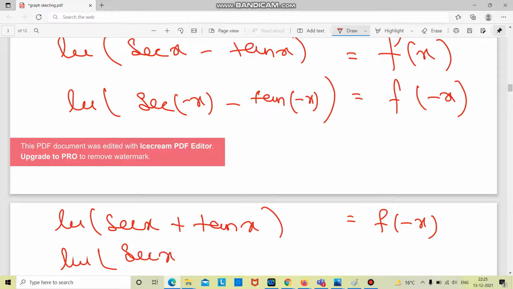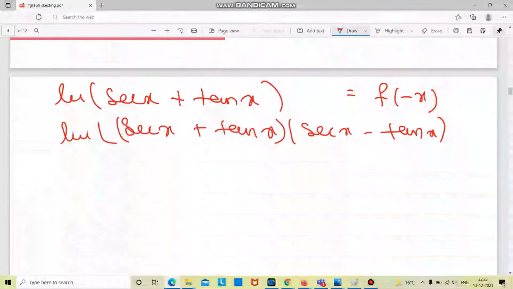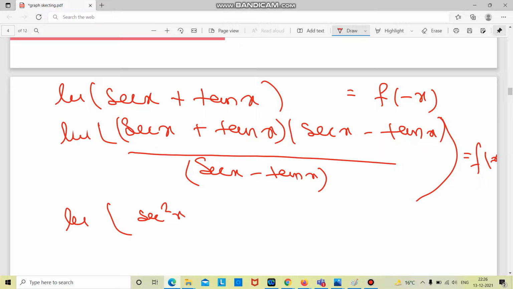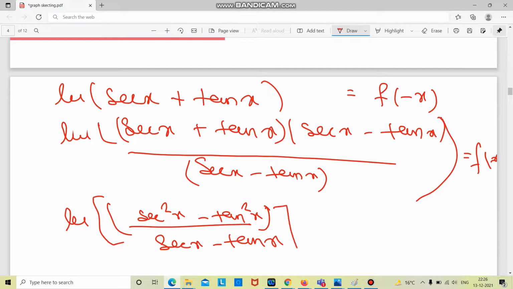Then we will rationalize it, or multiply it by its conjugate, sec x minus tan x, also down here. The upper part becomes sec square x minus tan square x, divided by sec x minus tan x. This is our f of minus x.